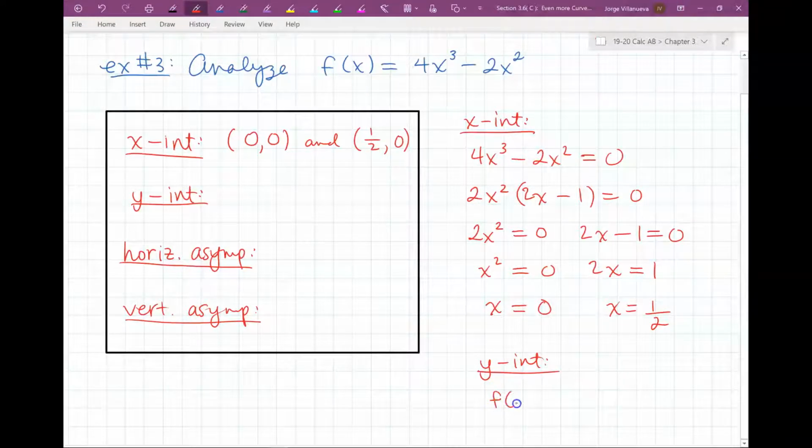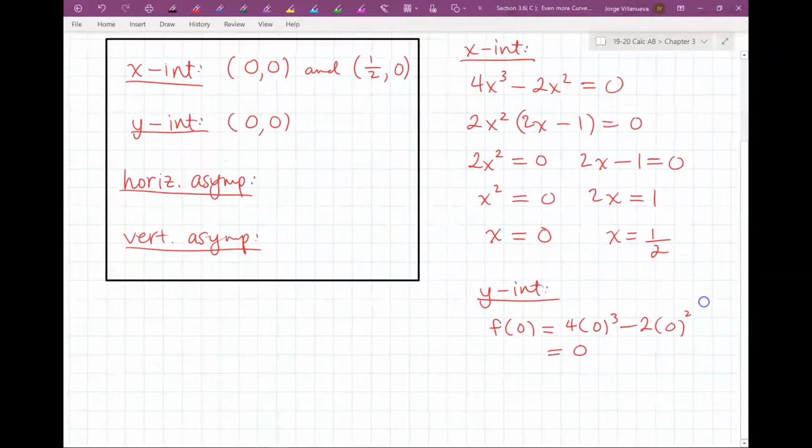So in other words, you find f of 0. So it's 4 times 0 cubed minus 2 times 0 squared. That's 0. So it's (0, 0). If you guys remember, I told you that if it passes through the origin, that's usually both your x and y intercepts. So you can see right there, there's more proof of that.